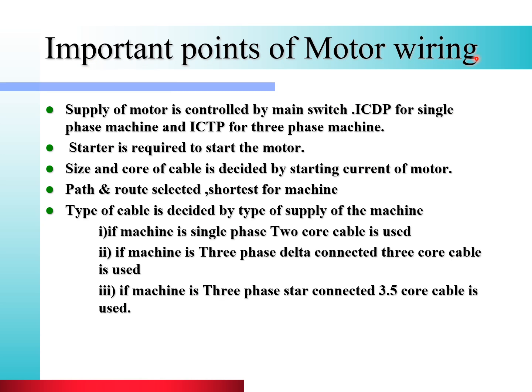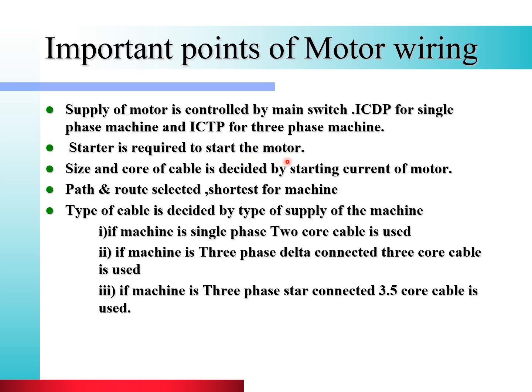Then the important points of motor wiring. In industrial load, in 90% of the cases the application is electrical motors, either AC or DC. The important points of motor wiring are: supply of the motor is controlled by a main switch, ICDP (iron clad double pole) for a single phase machine, and ICTP (iron clad triple pole) for a three phase machine.